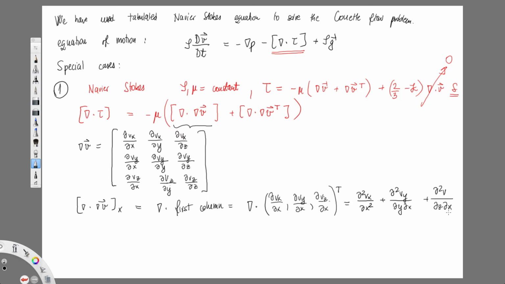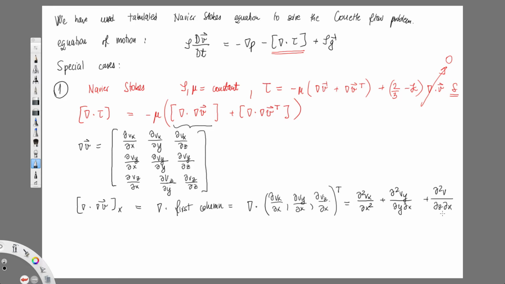Now, assuming nice continuous, what's called C2 functions, so both twice differentiable and continuous, I know that partial Vz, partial z, partial x is the same as taking partial x, partial z.